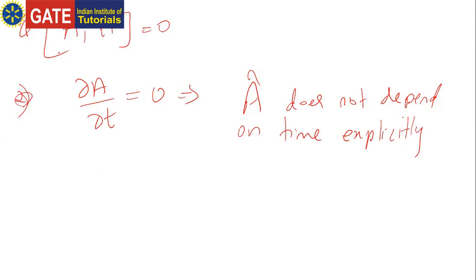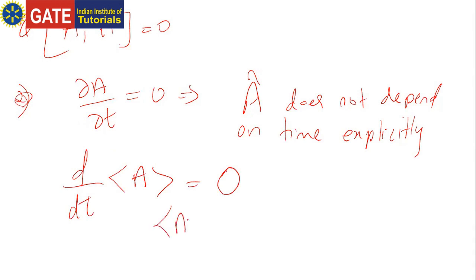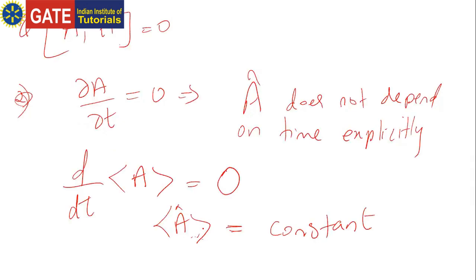Therefore, if [A, H] and ∂A/∂t are 0, then d/dt of expectation A is equal to 0. That means this quantity is constant. A cap is a constant of motion.